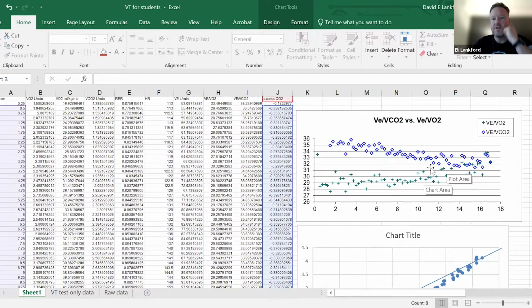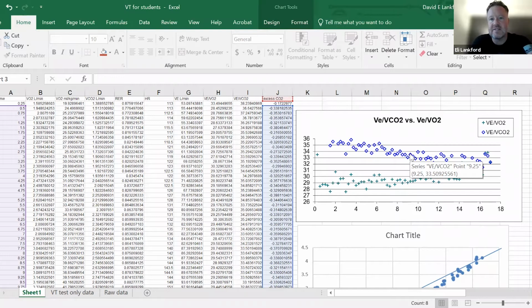Then we look at this and ask, when did VE/VO2 start to increase its values without VE/VCO2 increasing? This means that when we hit threshold, we start to produce more CO2 because of the buffering of the acid from lactic acid.